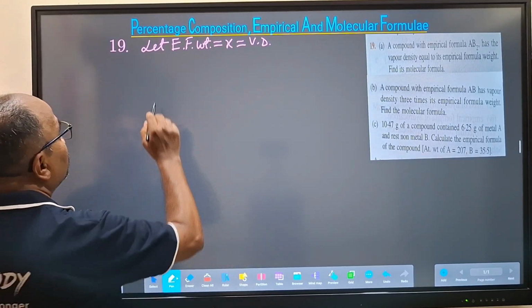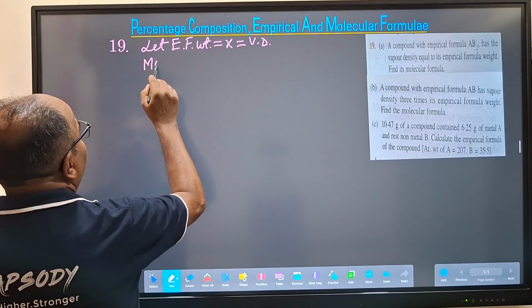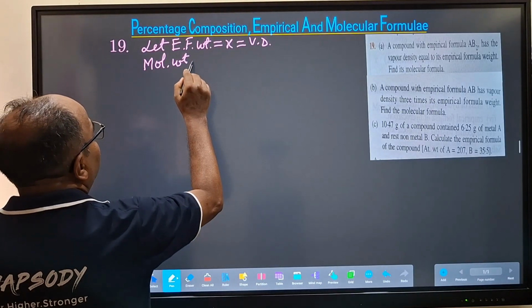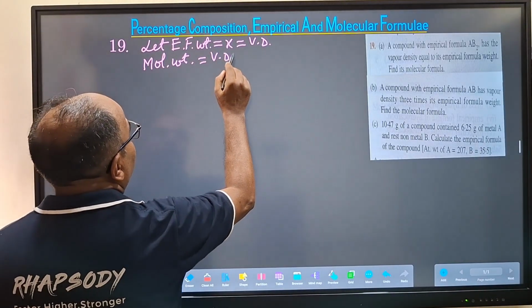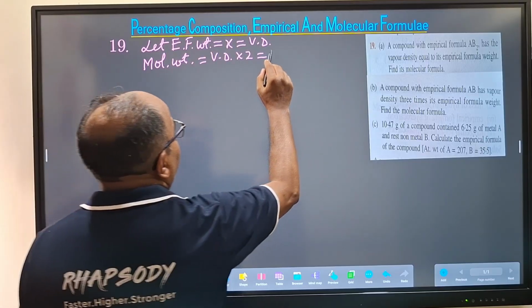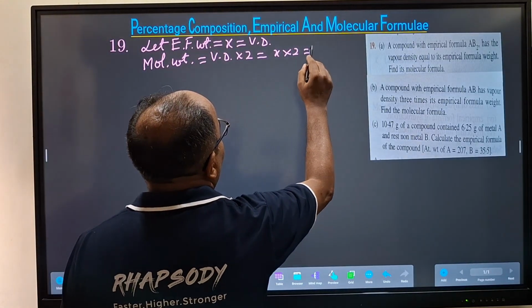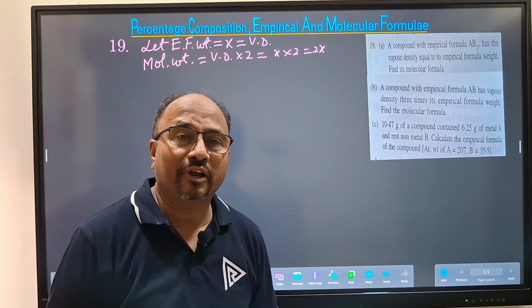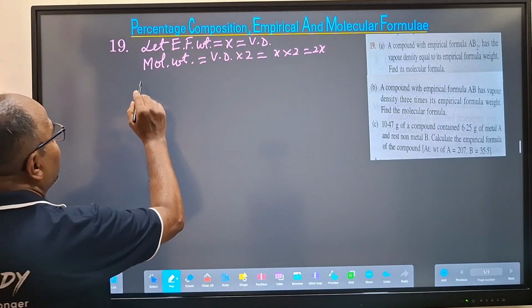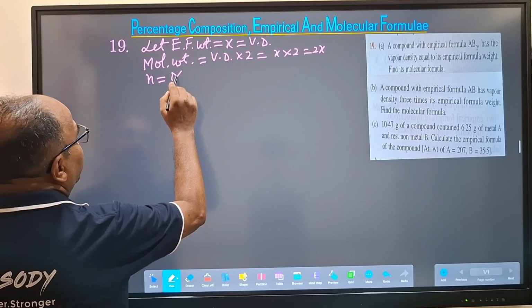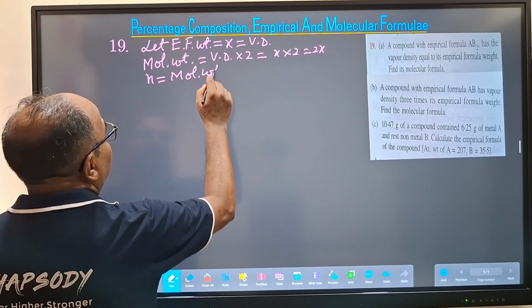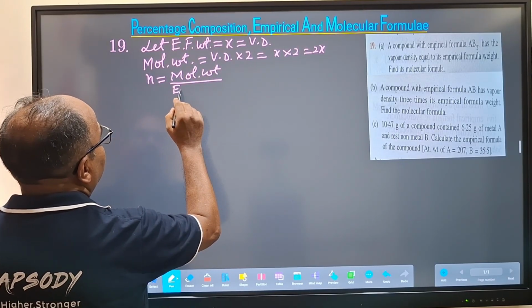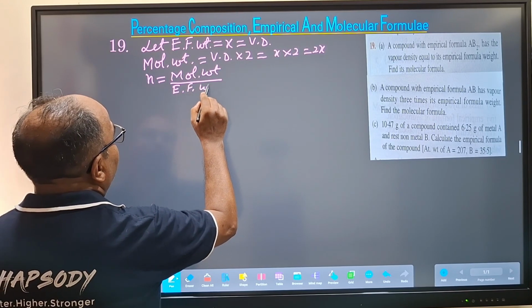So now we get molecular weight equals vapor density into 2, that is X into 2, which equals 2X. So now we know the molecular weight as well as the empirical formula weight. So let us calculate n, molecular weight by empirical formula weight.